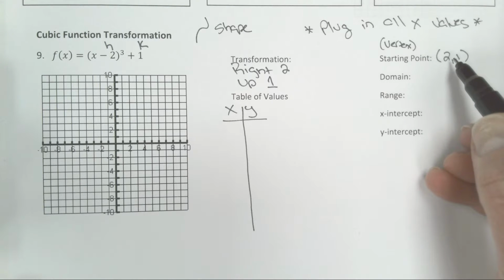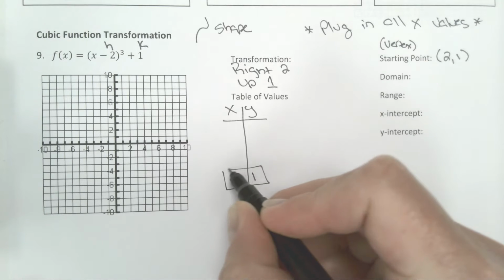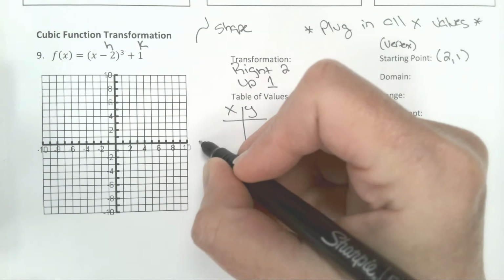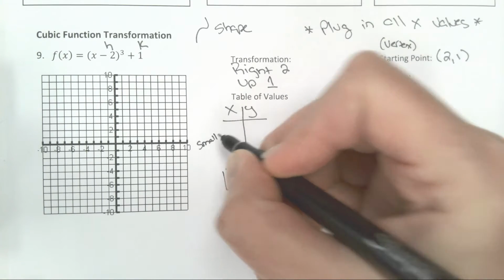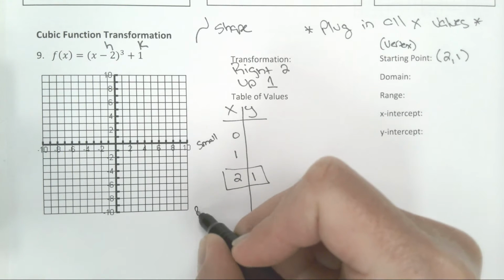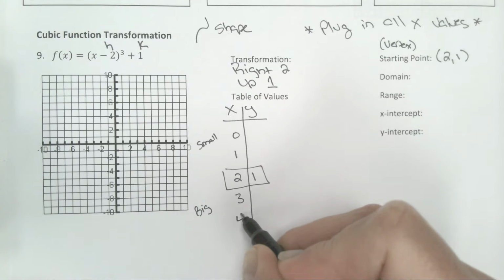I am going to use the vertex, or aka starting point, as my middle value. And then I am going to choose two values smaller, so that would be a 1 and a 0, and two bigger. That would be a 3 and a 4.